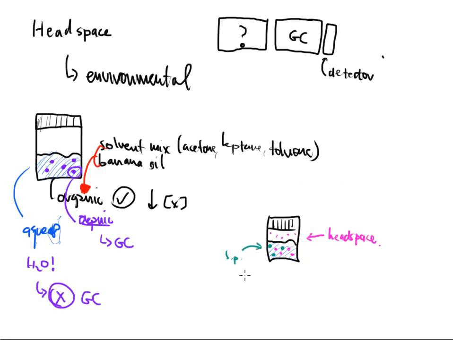If you were doing all of this at room temperature and that boiling point for that organic is, let's say, 80 degrees, well, it's going to have a chance to not turn into a vapor. And if it can't turn into a vapor, it can't go up into the headspace above, at least not a lot of it, right?